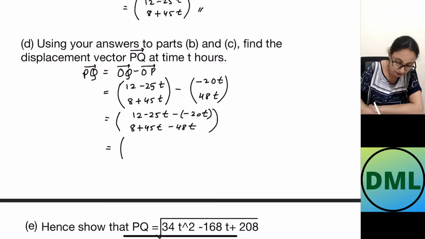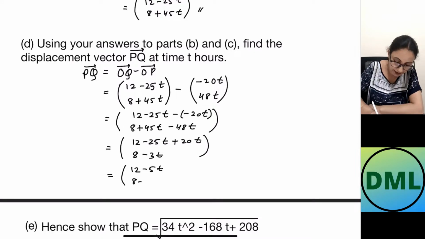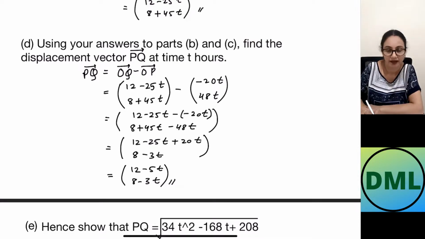So that will be equal to 12 - 25t + 20t, and 8 + 45t - 48t, which is -3t. Here -25t + 20t is -5t. So that will be (12 - 5t, 8 - 3t). That will be the displacement vector PQ at time t hours.